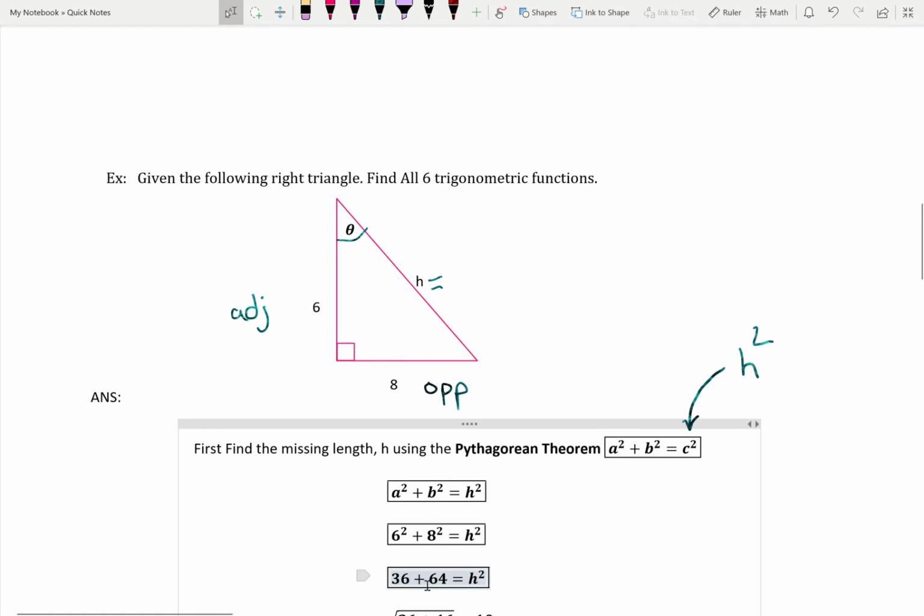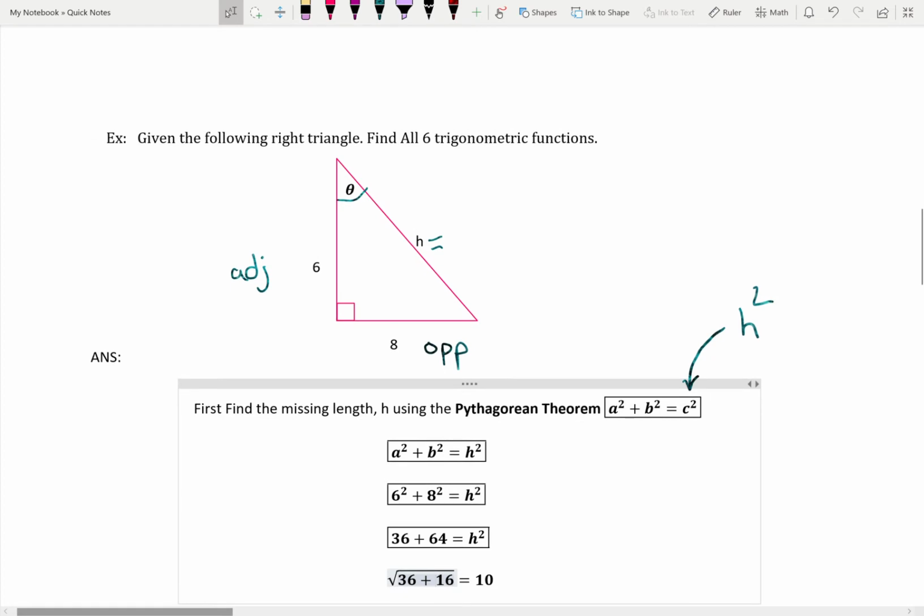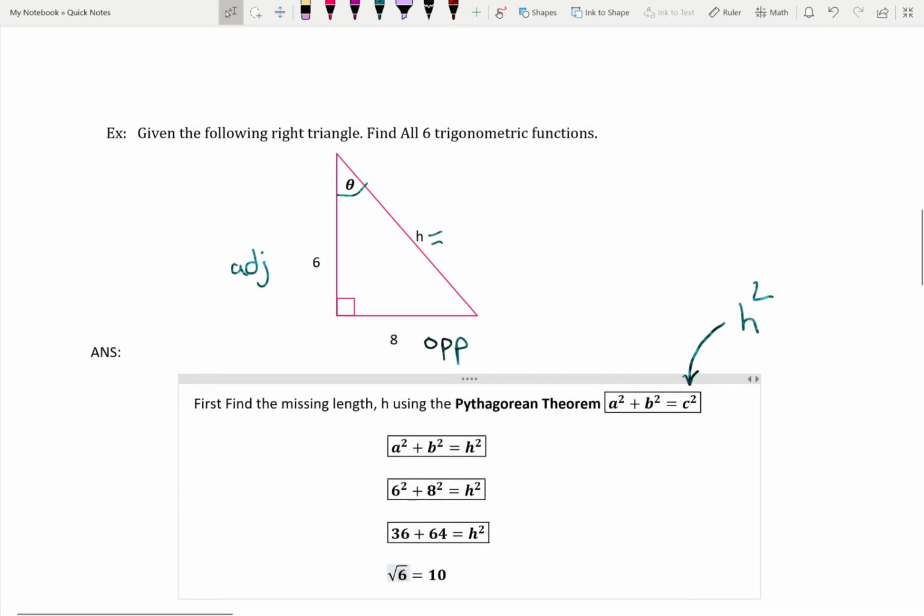So 36 plus 64 is 100. Now I have 100 equals h squared, but to get h by itself, I take the square root of both sides.